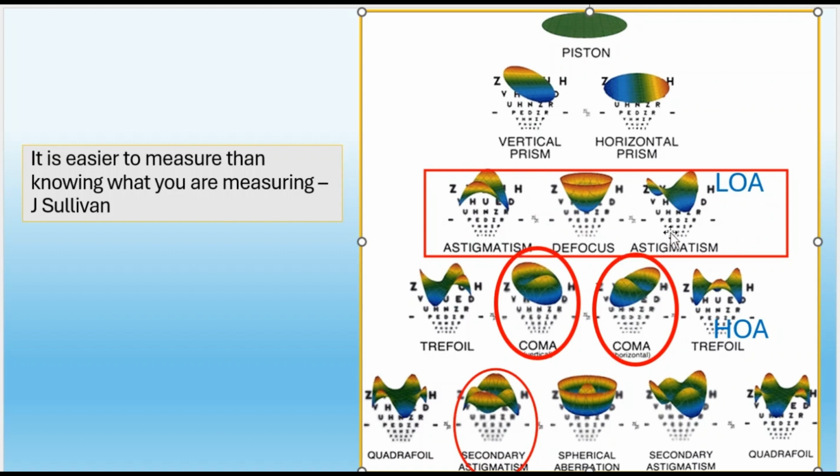But the challenge in biometry is that sometimes an underlying irregular astigmatism may also manifest itself as a lower order astigmatism when it is not. And if you cannot identify that there is an irregularity in astigmatism, that there is probably a higher order aberration like coma which is manifesting itself as a lower order astigmatism, then your patients may not get the right results, right?